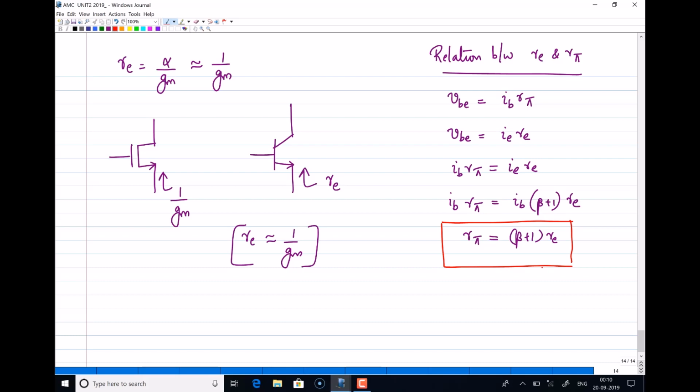Just to remember, if this is VBE and this current is IB, the resistance seen from here is R pi, which is the resistance looking into the base.